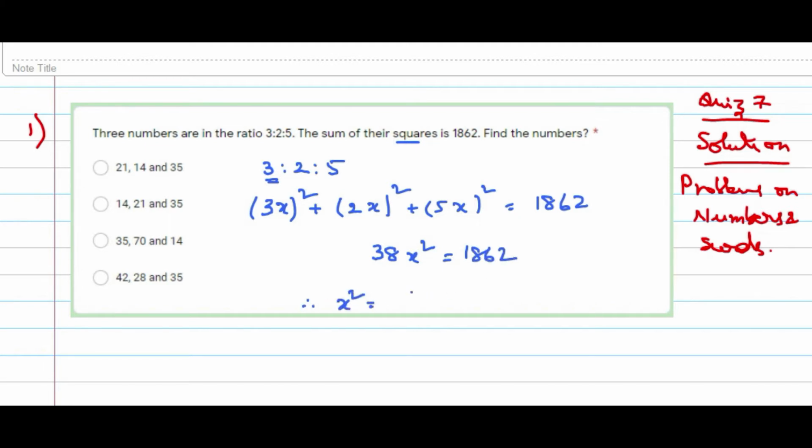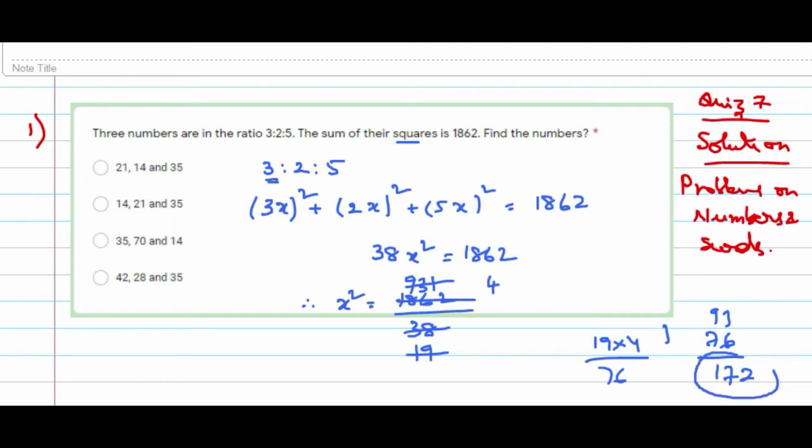Therefore x square is equal to 1862 divided by 38. 38 into 4 is 152, 186 minus 152 is 34, bring down 2, it is 342.